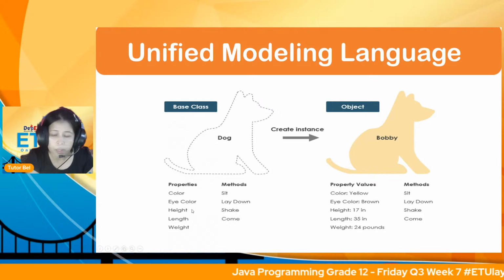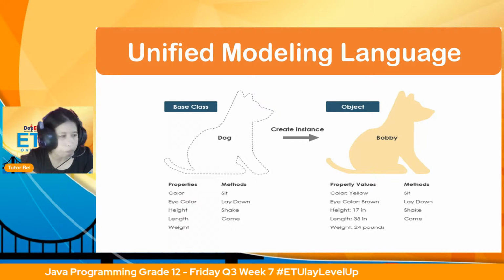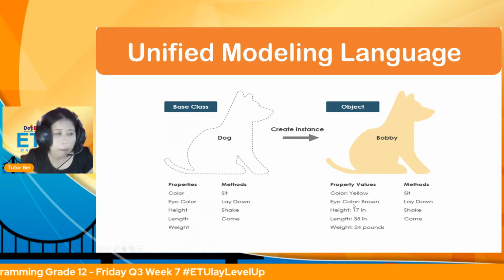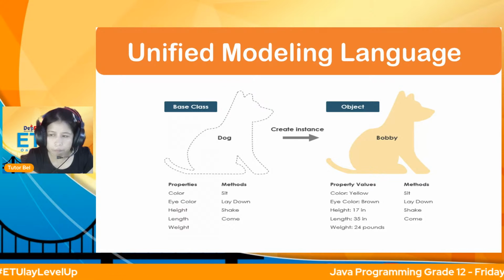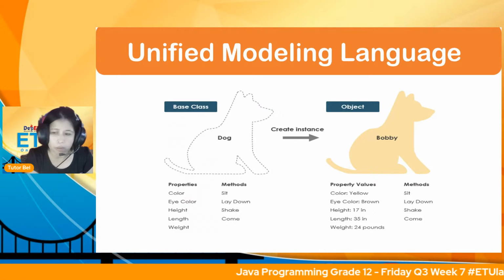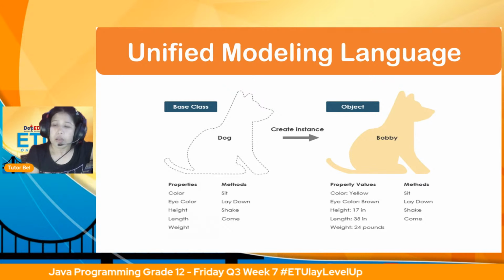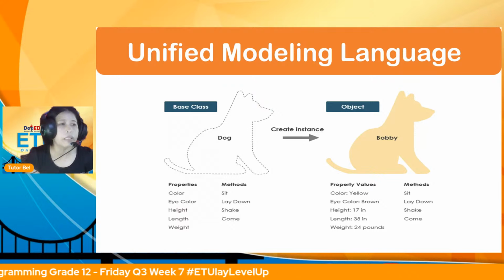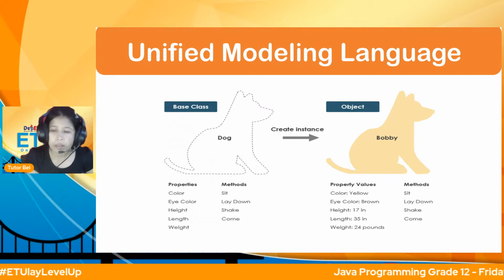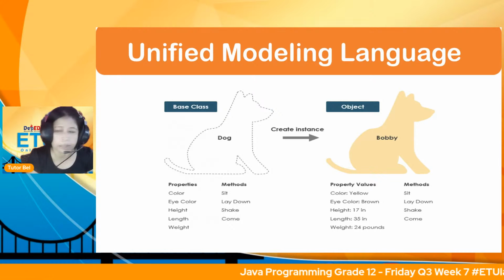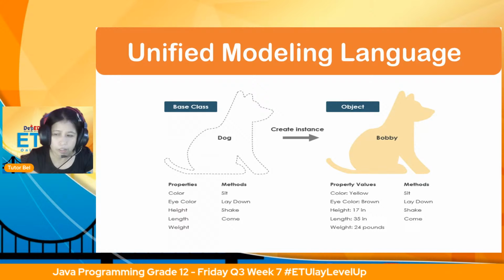Okay? Pwede ring maiba yung ating color sa ating base class. So, pwedeng brown yung kulay ng ating Bobby na dog. Okay? So, yung ating height ng ating dog could be different from the base class. Okay? So, pwedeng ang length niya is 35 inches. Okay?